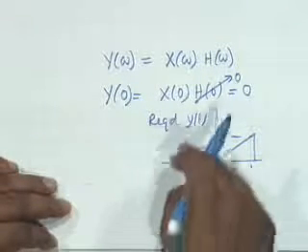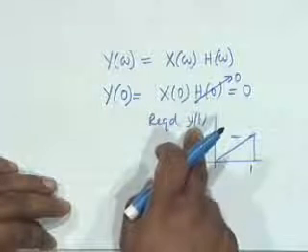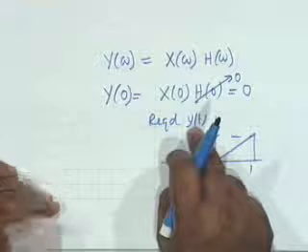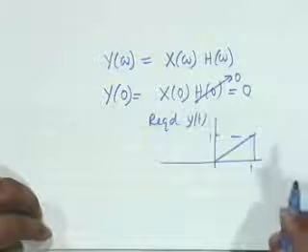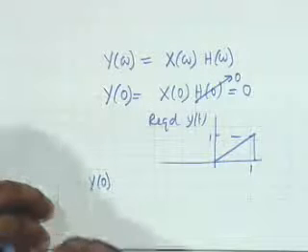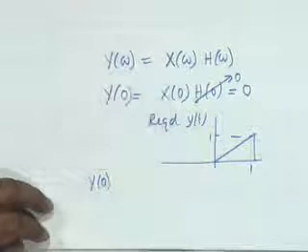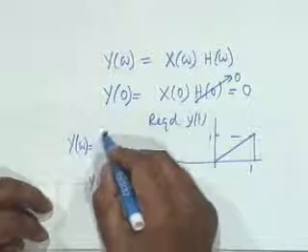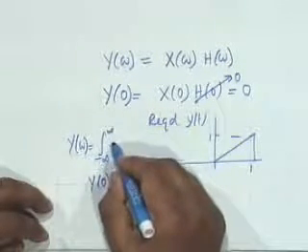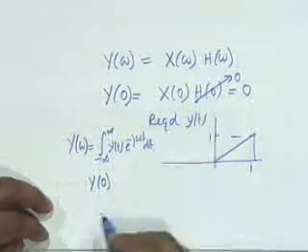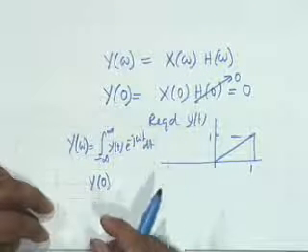So one method would be to calculate the Fourier transform of this and see if at DC, at omega equal to 0, the value is 0 or not. But you see, calculation of Y of 0 does not require the computation of the Fourier transform. Why not? Because capital Y of omega by definition, now follow this carefully, is the integral of y(t) e to the minus j omega t dt.